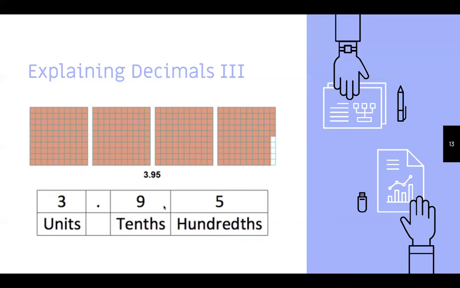You can work backwards also. There are 4 squares, each having 100, so there are 400 squares. This number is 3.95, so we're saying 4.00, and you can just knock off 5 and get the same answer.